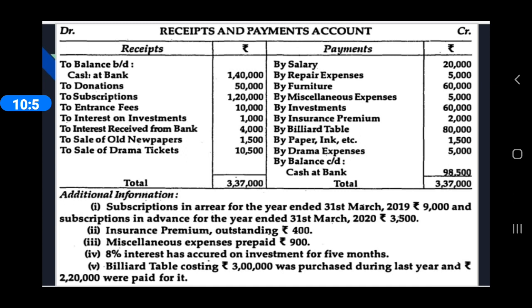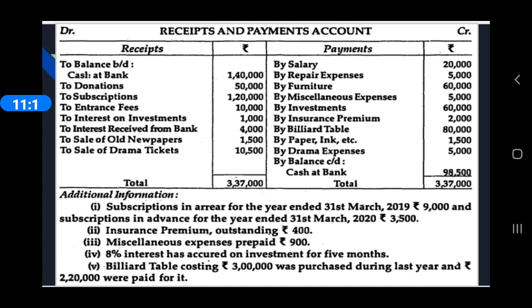Insurance premium outstanding, that is expenses outstanding, is always added. Then miscellaneous expenses prepaid, that is current year prepaid, is to be deducted. Then interest 8%. Interest has accrued on investment for 5 months. Accrued for 5 months, that is outstanding income.